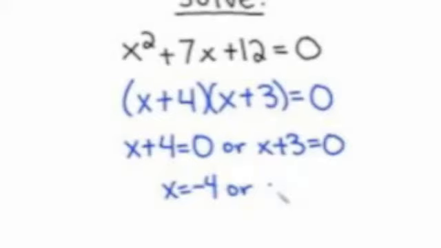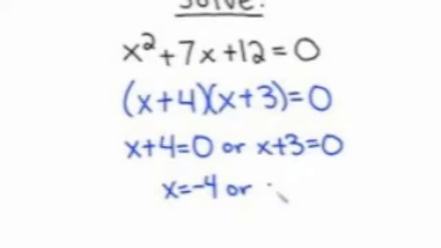Then you're going to multiply the outside terms, x and 3, which gets you 3x. Next, you'll multiply the inside terms, 4 and x, which turns out to be 4x. Last, you'll multiply the last terms, 3 and 4, which gets you 12. Ironically enough, this matches our original equation, so therefore is correct.